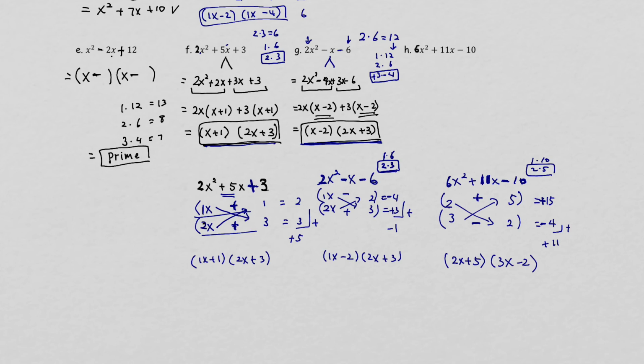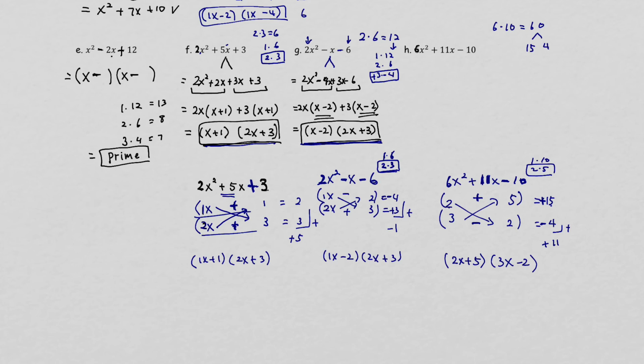You're going to multiply leading coefficient times constant and use the factor of that number to see what numbers to distribute this number into 2 terms, right? So it will be 6 times 10 is 60. Factor of 60 that gives you 11 is going to be 15 times 4.